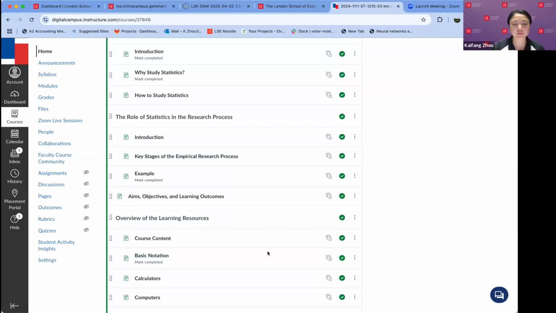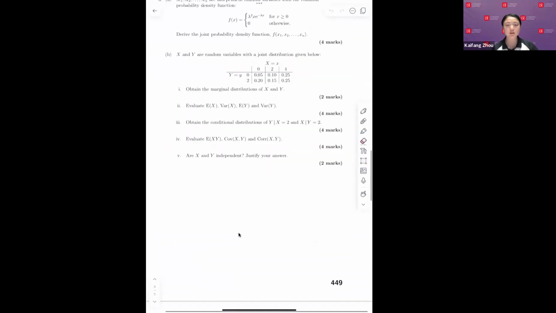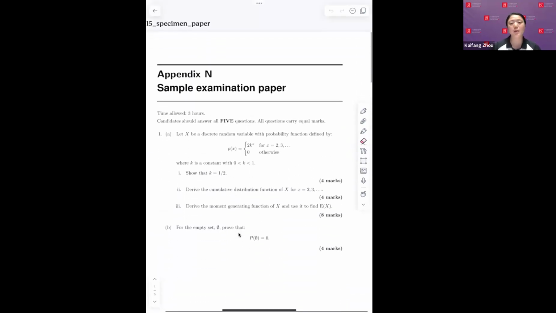Let me share one of the past papers and give you a sense of how the exam will be like. Okay, so let's look at this example paper.